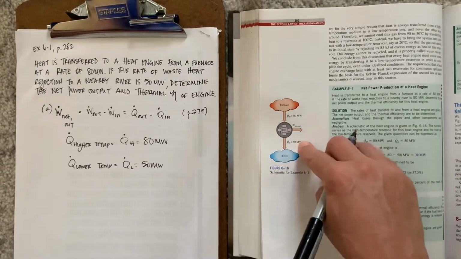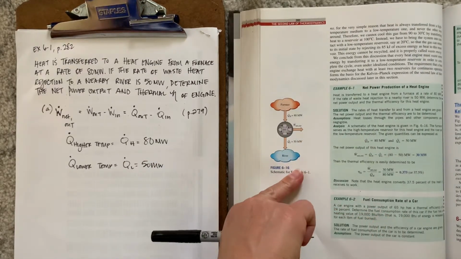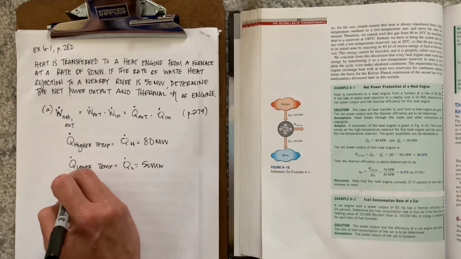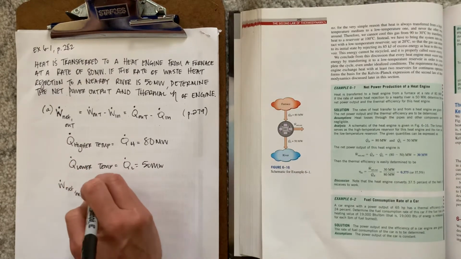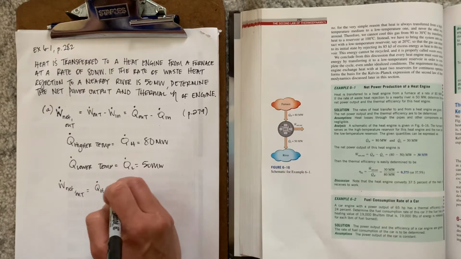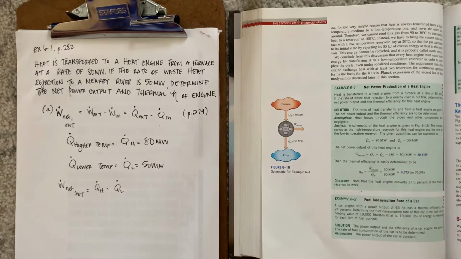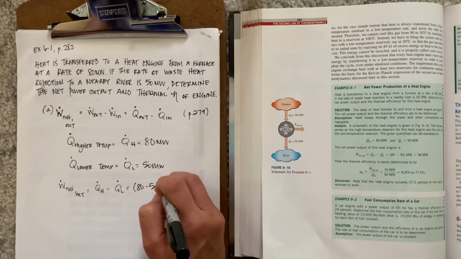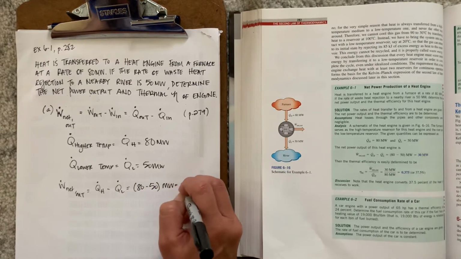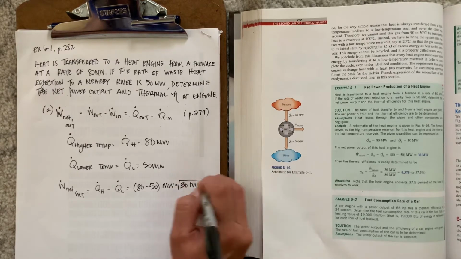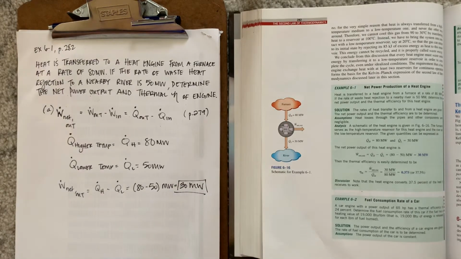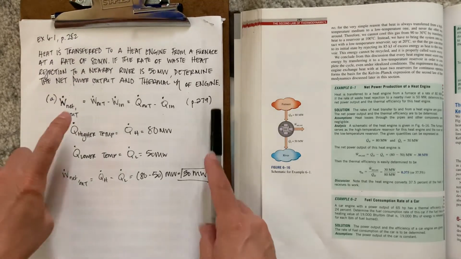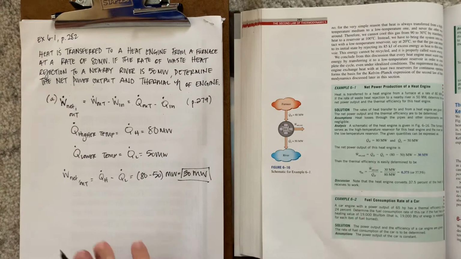This is the waste energy being released to our low temperature sink. Plugging this in, work per time net out is Q sub H minus Q sub L, which is 80 minus 50 megawatts, which is 30 megawatts of work. Pretty straightforward if you understand this equation.